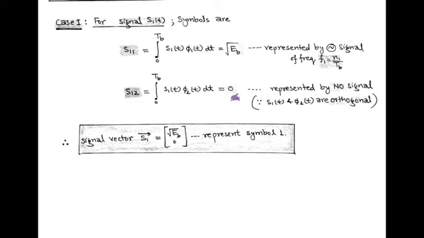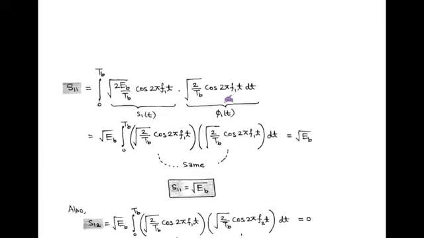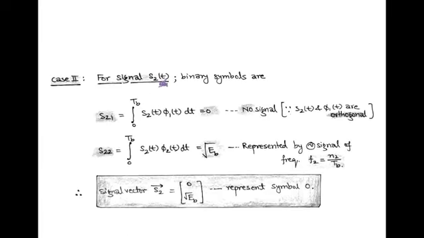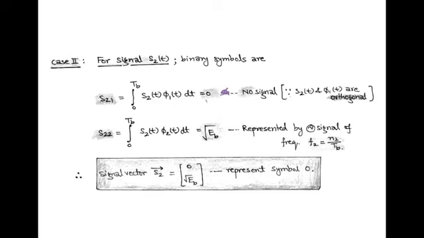While in the second case, we consider FSK signal S2(t). Here the binary coordinates are S21 and S22. For S21, the expression is the integration of S2(t) phi1(t) into dt, and its value is 0 because S2(t) and phi1(t) are orthogonal, having different frequencies. So S21 equals 0 and it represents no signal.